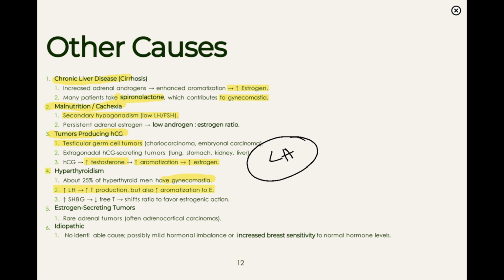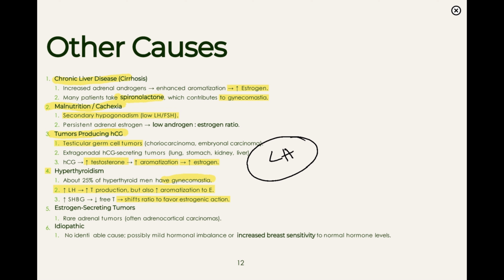And also, hypothyroidism results in increased sex hormone binding globulin, and this binds to the free portion of testosterone, reducing the levels of free testosterone, and this shifts the ratio in favor of a hyperestrogenic state.